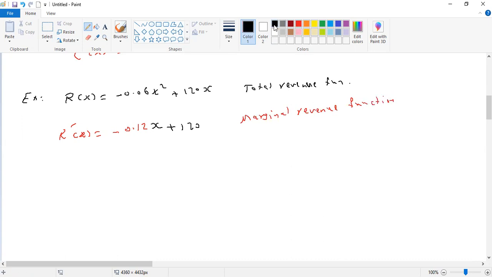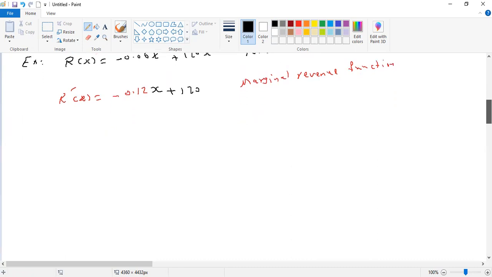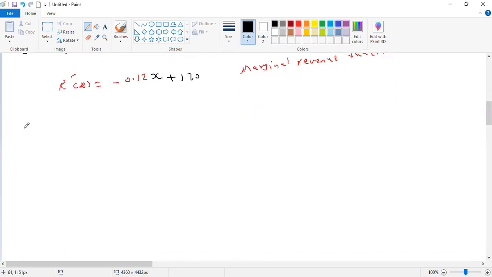Okay, and the same for the profit. The profit example is given here. P of x is equal to, let's say, minus 0.5x squared plus 40x minus 350, for example.